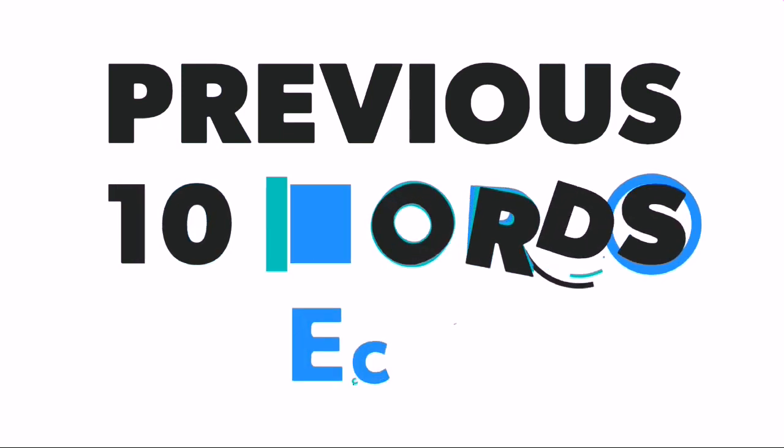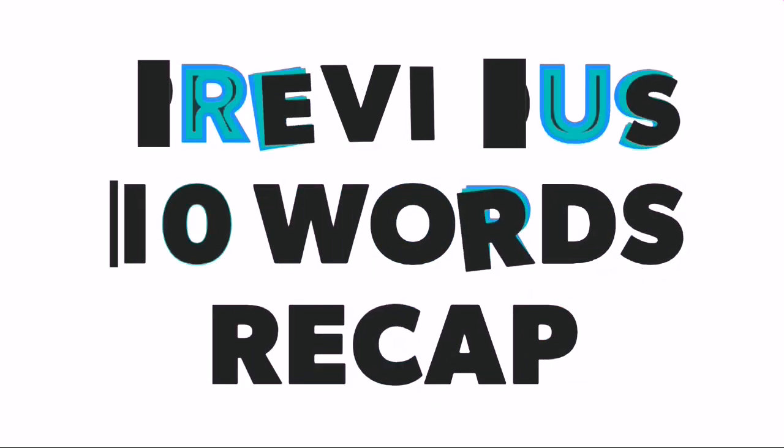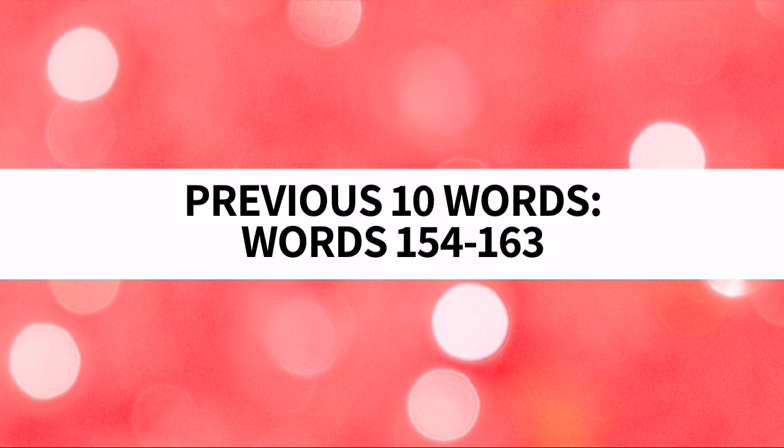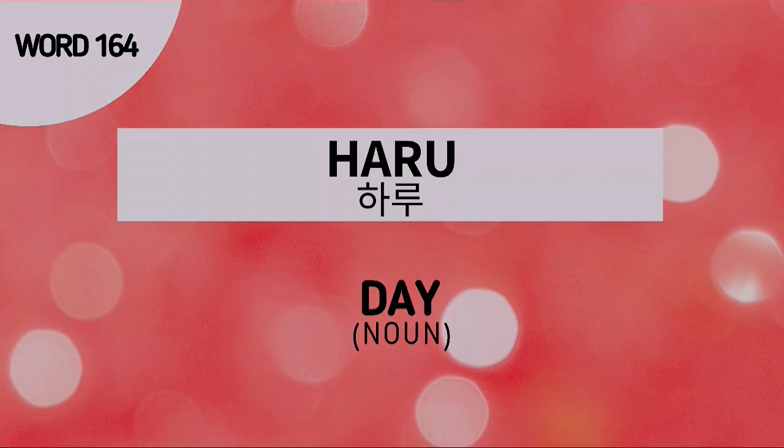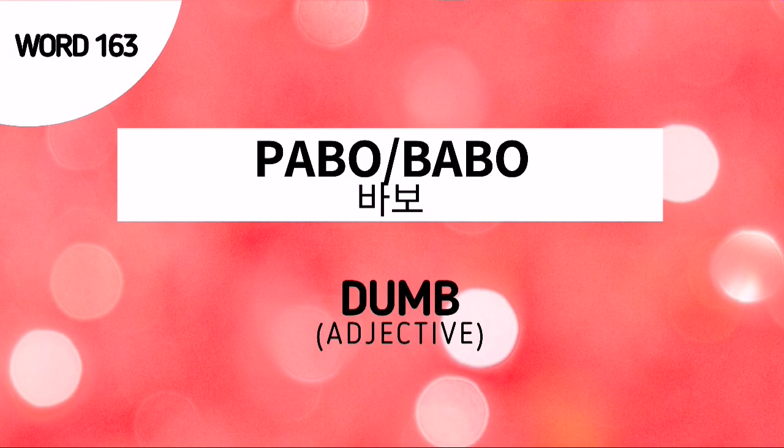Now let's proceed to the previous 10 words recap. As of now, the previous 10 words are words number 154 to 163. But don't forget our word for today, haru, which means day. The first word for our review is word number 163, pabo.